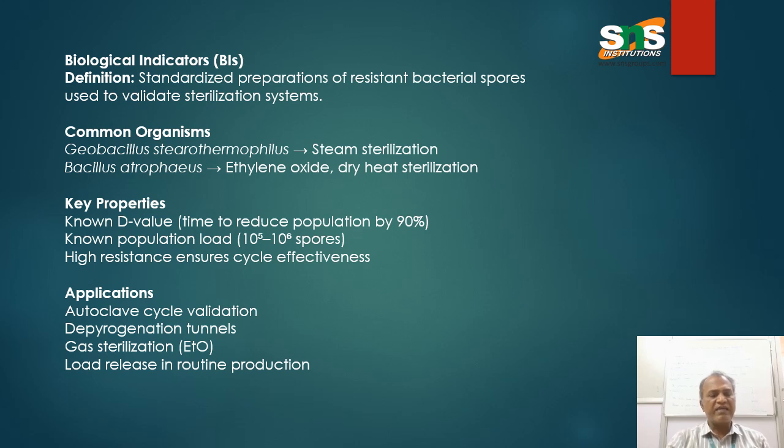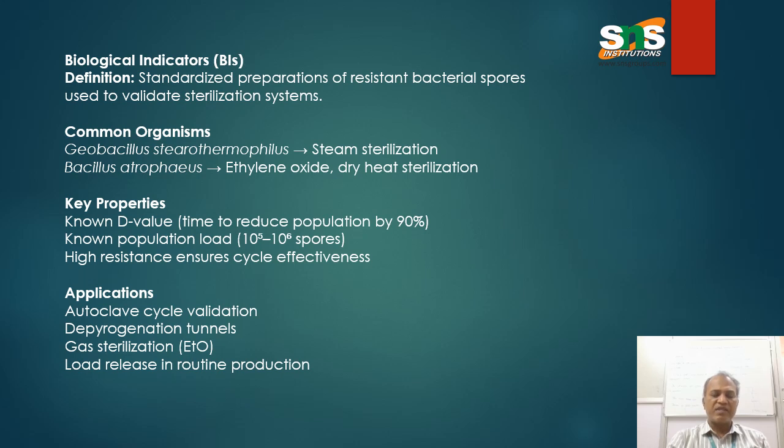Next, the indicator side. The first indicator is the biological indicators. So what are biological indicators? A biological indicator is a standardized preparation of resistant bacterial spores or microbes from the highly resistant spore-bearing category.